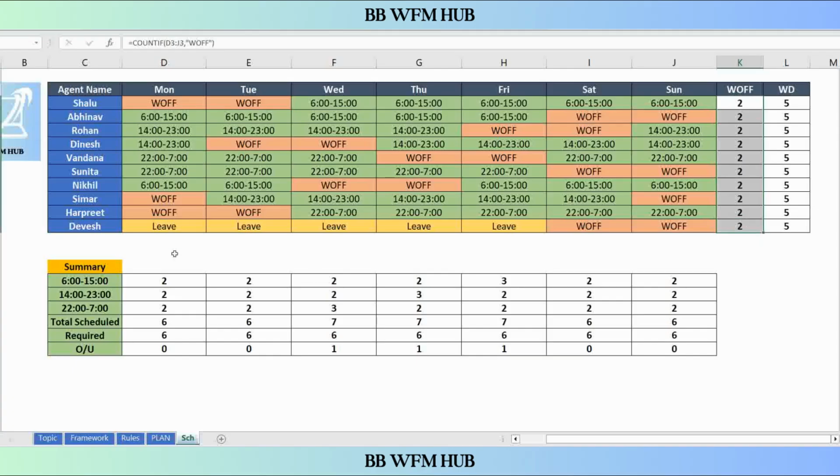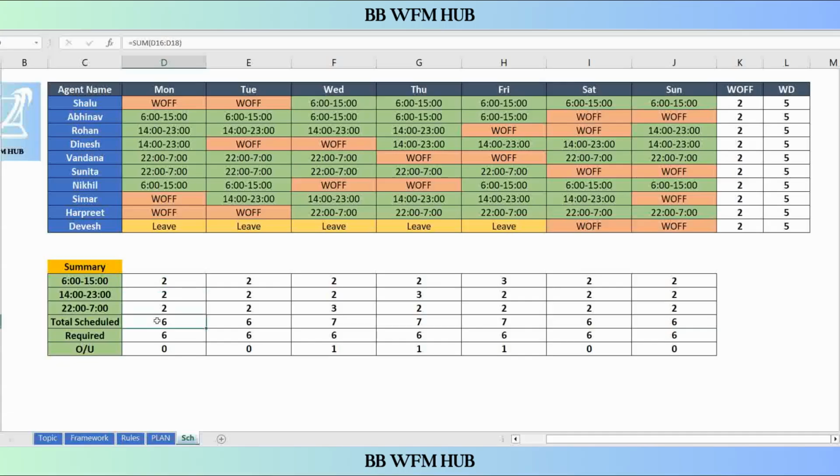And we are also ensuring that at least 2 teammates or at least 2 agents are in a shift, so that there is no problem of coverage. And we have created this roster while taking care of all these things.